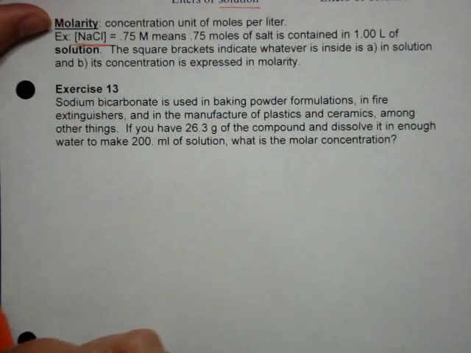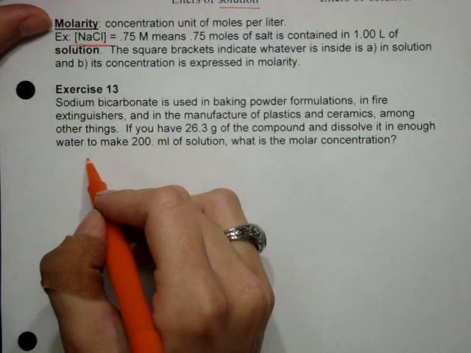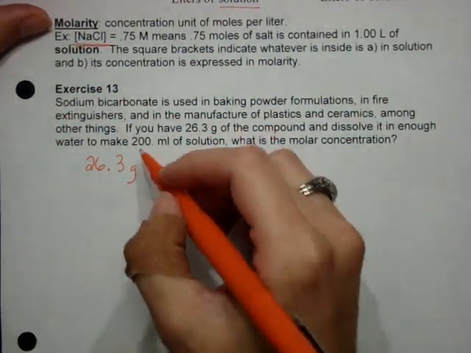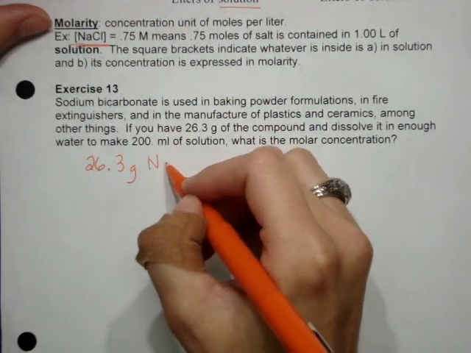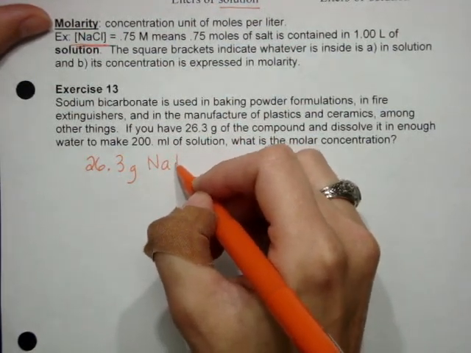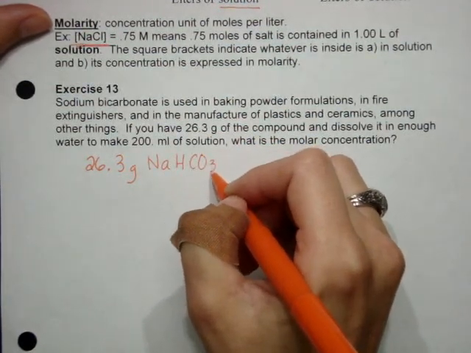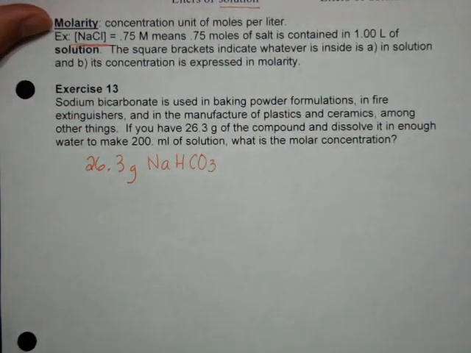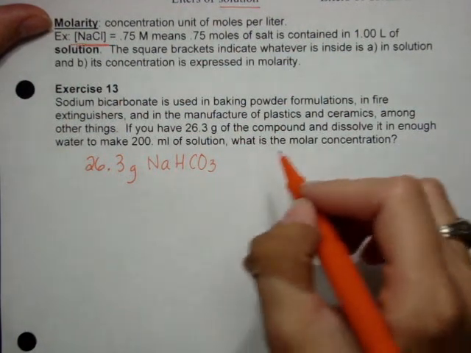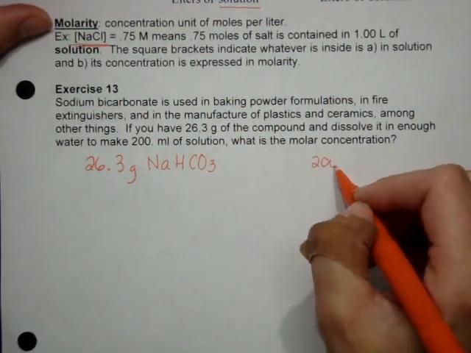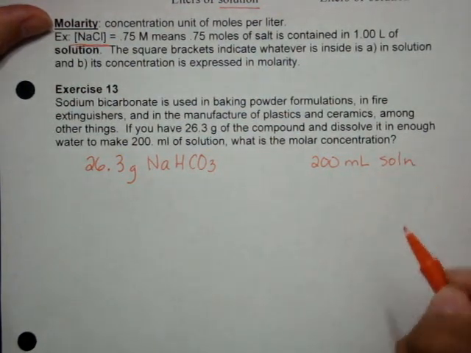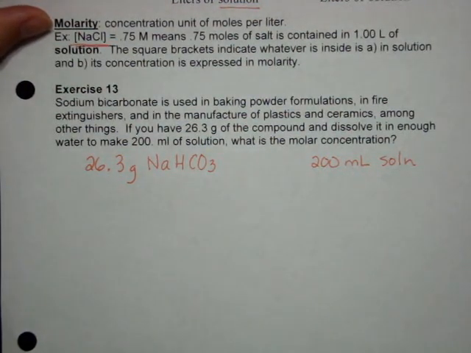So it says if you have 26.3 grams of the compound, sodium bicarbonate, NaHCO3, and you dissolve it in enough water to make 200 milliliters of solution, what is the molar concentration?